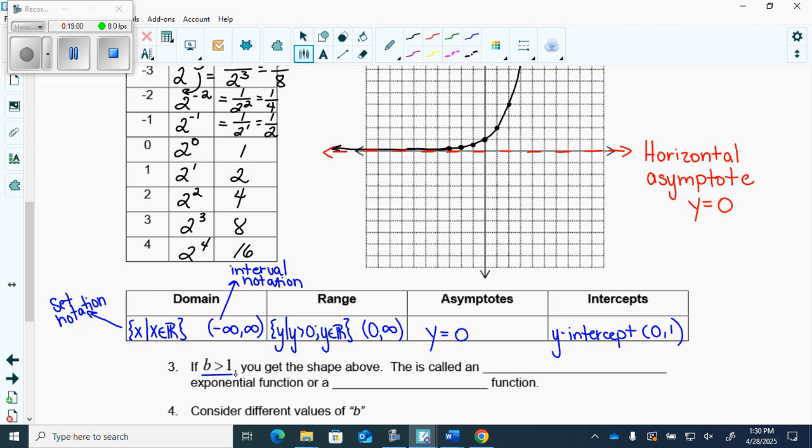This is called an increasing exponential function, or an exponential growth function. So we're growing because b is greater than 1.